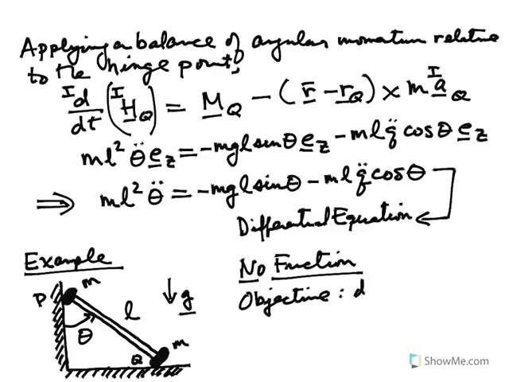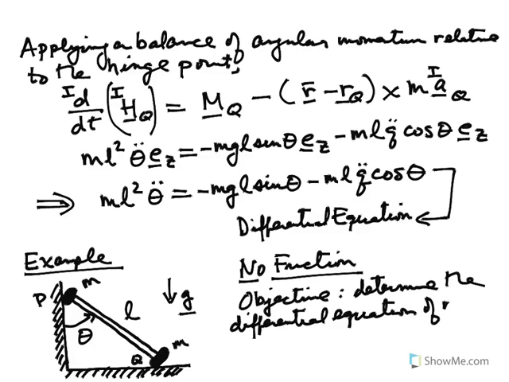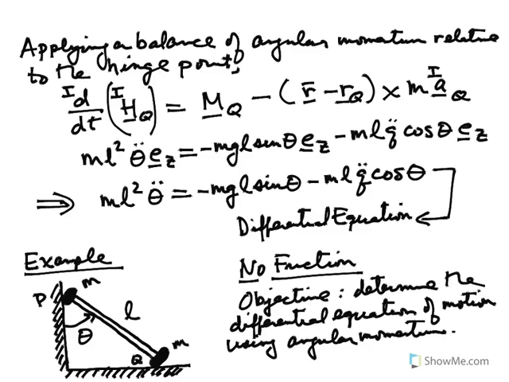And the objective is to determine the differential equation of motion using angular momentum. Now, to make this description more complete, I'm going to move gravity out of the way, and then I'll put it back.